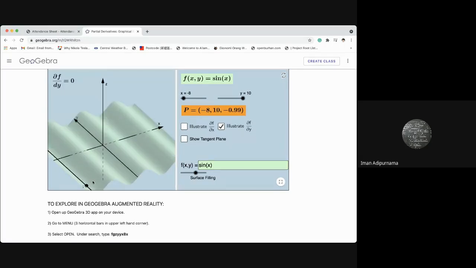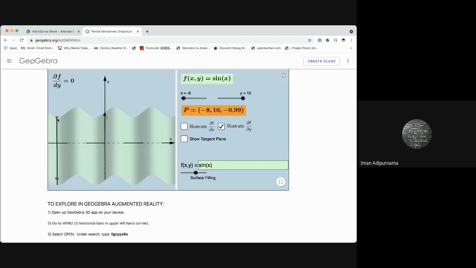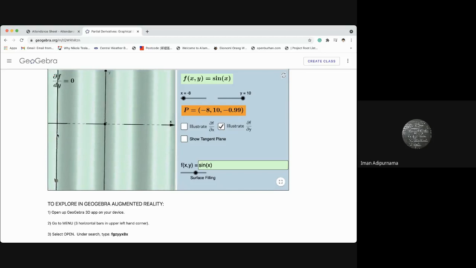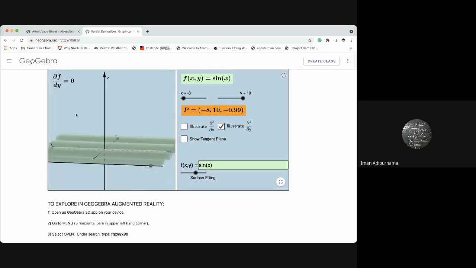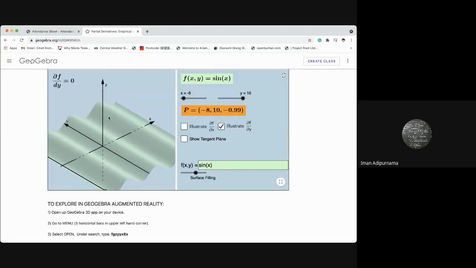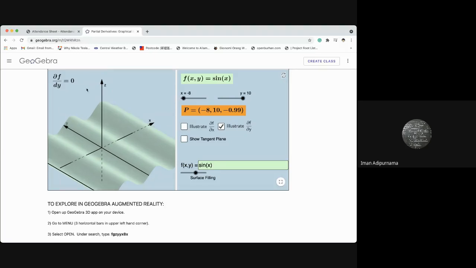If we are changing our xy coordinate, we will also change the z level. Now you might see here on the top left is partial. We call this partial of y.